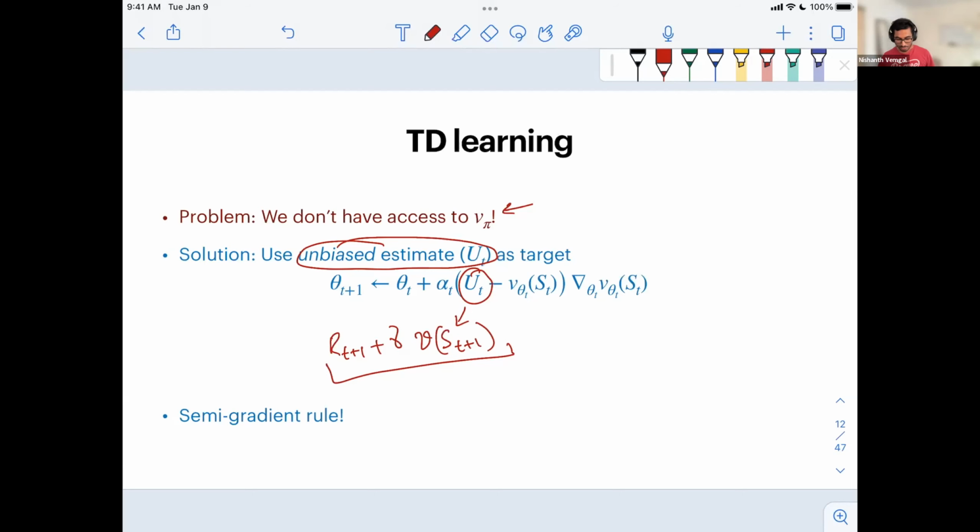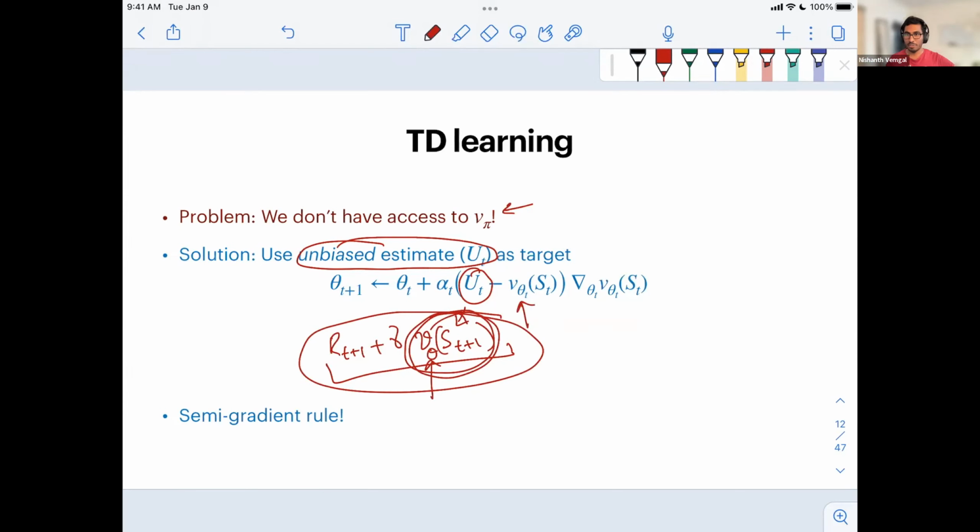Note that this is not the true gradient, because if we were to take the mean squared error between our target, which is the one-step TD target, and our estimates and minimize it, we would get two gradients. Our quantity here, which is the value of the next state, depends on the parameters theta, and our estimate also depends on parameters theta.